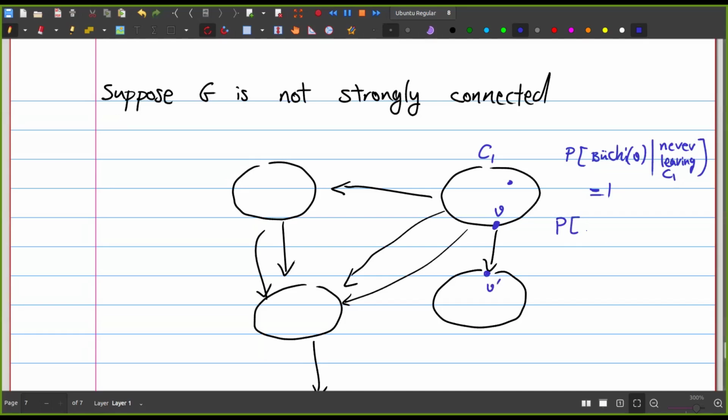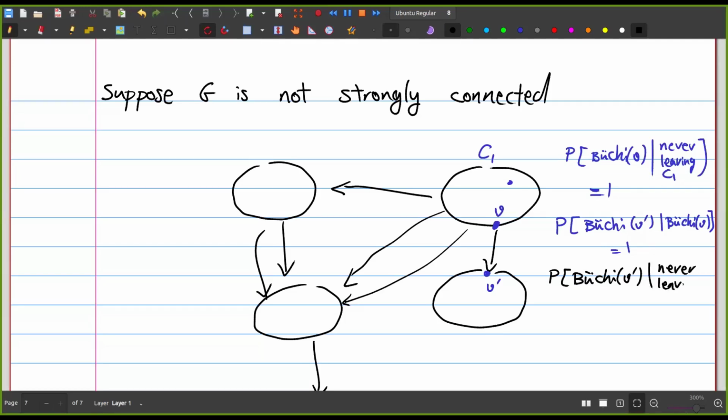I've already proven that the probability of Büchi of V prime given Büchi of V is 1. So combining these two things together tells me that the probability of Büchi of V prime given never leaving C1 is 1.